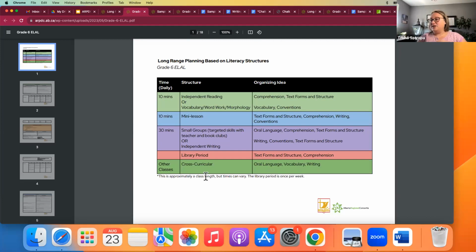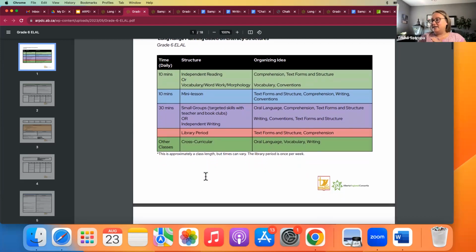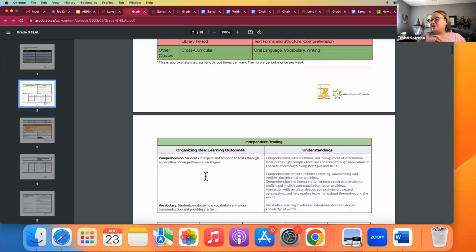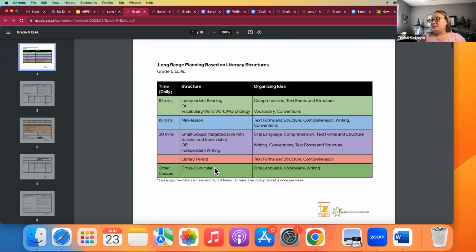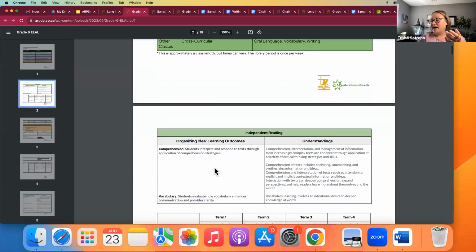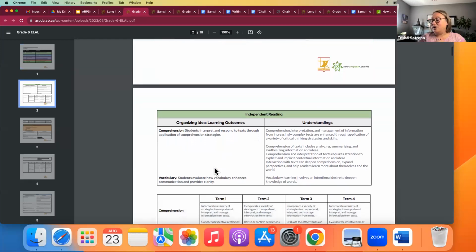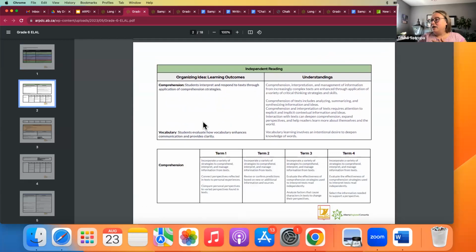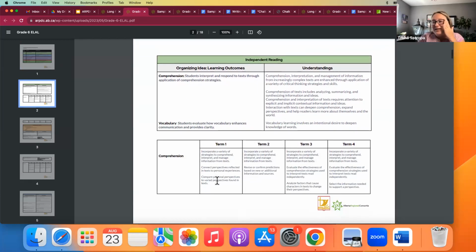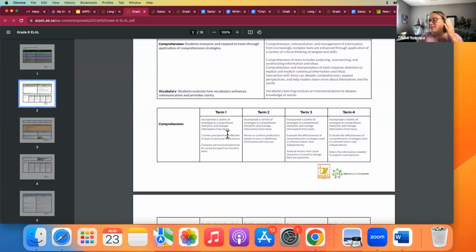All right, so the grade 6 one is slightly different. They start their class every day with 10 minutes of independent reading, which I did with grade 6, 7, 8, and 9. We always started with 10 minutes of reading, but give them something to keep in mind during that time.